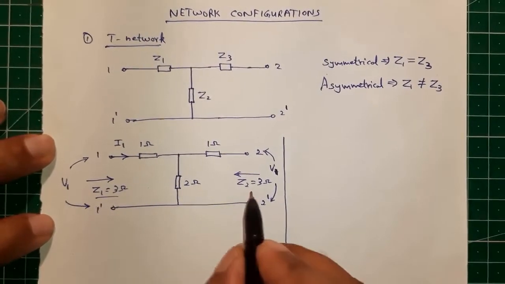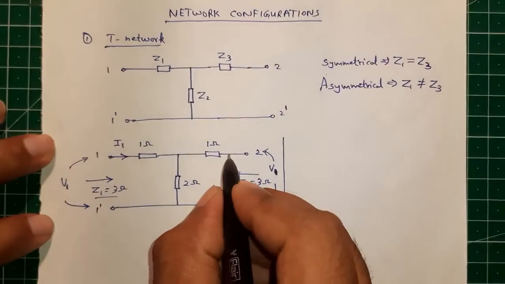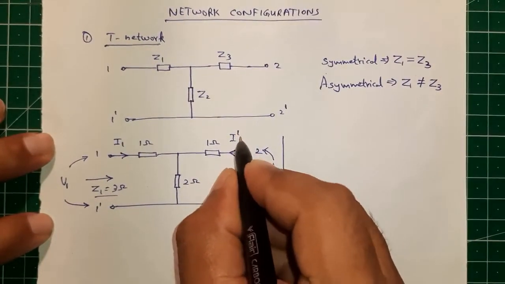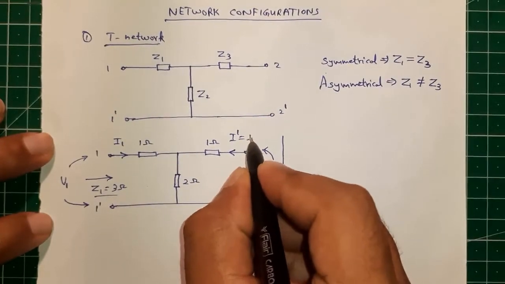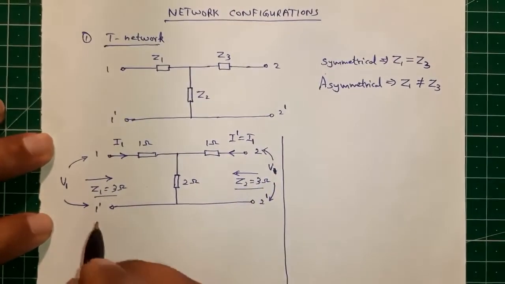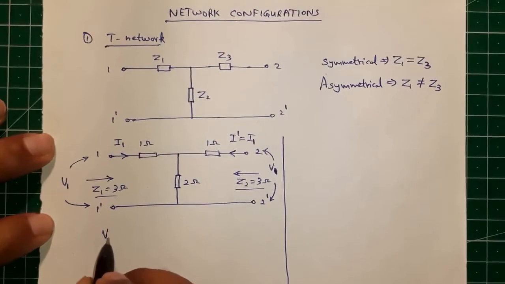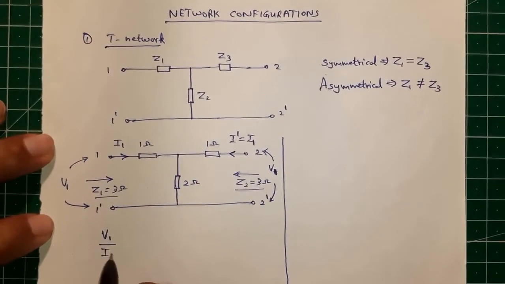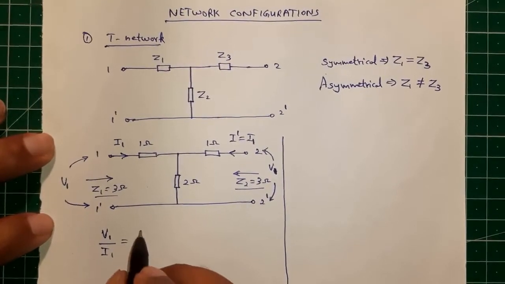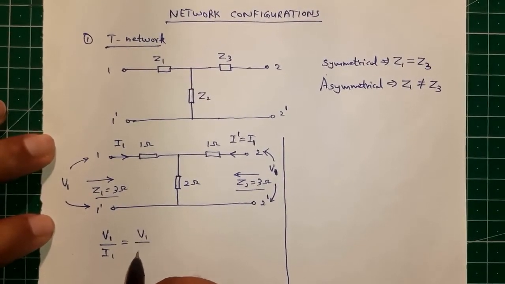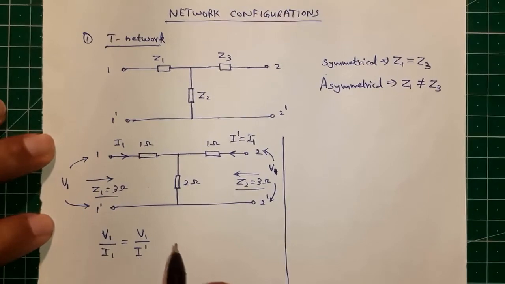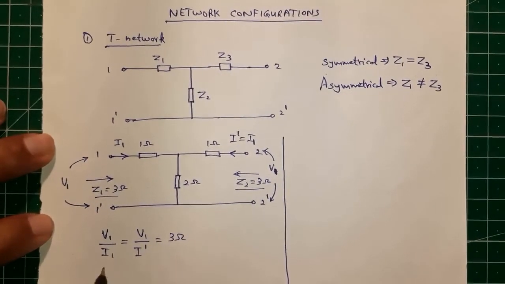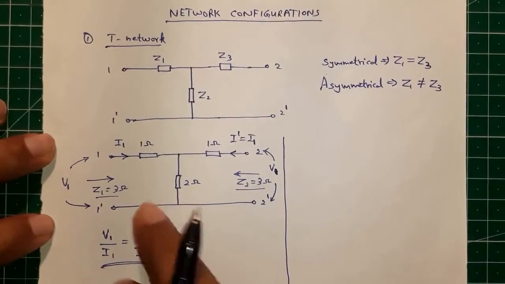Since the impedances are equal, I dash will be the same as I1. So we can prove that V1 by I1 is equal to V1 by I dash, which is equal to 3 ohm. So this is a symmetrical network.